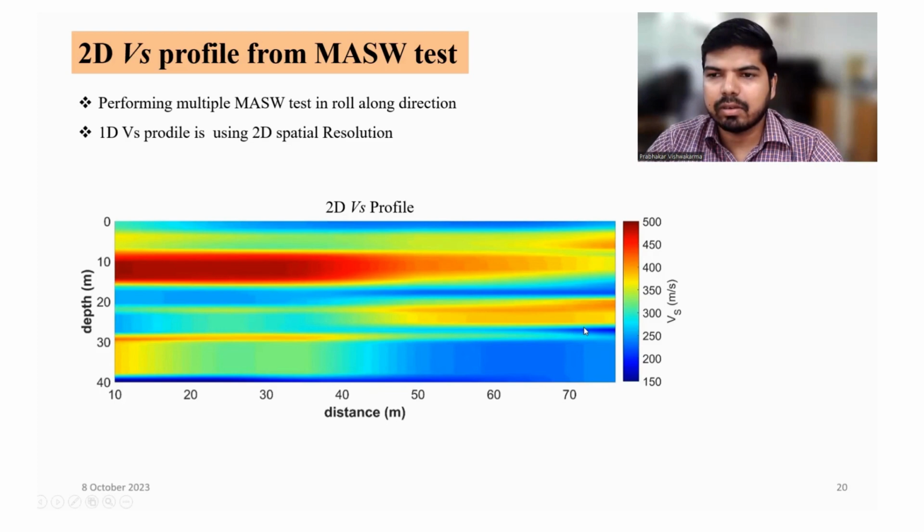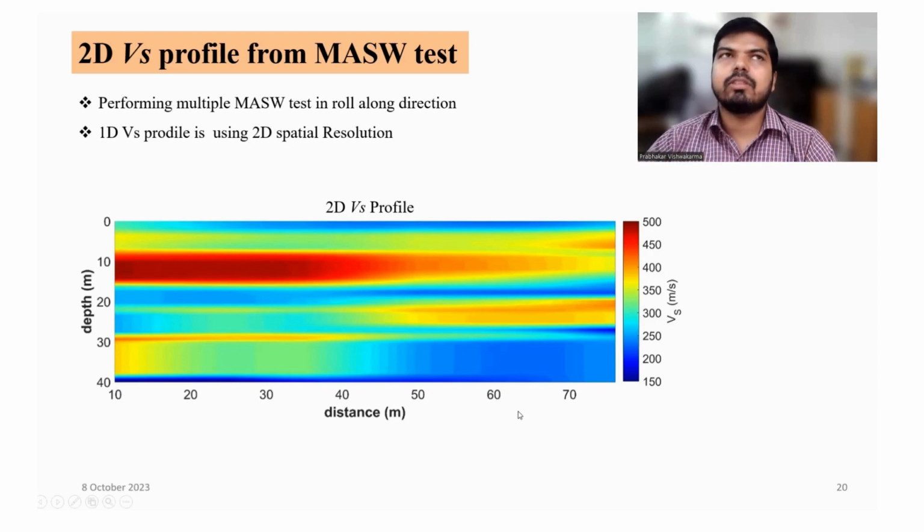Here at this location, you can see some kind of loose soil layer which has a shear velocity of around 250. I think you are all aware of how we study the contouring of any map. This 2D VS profile is just a contour plot with variation of depth and horizontal distance.